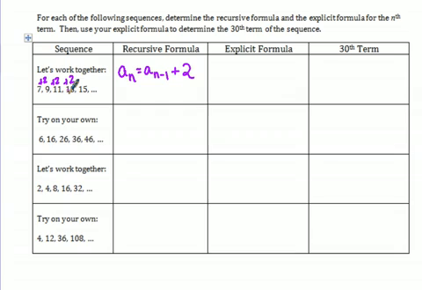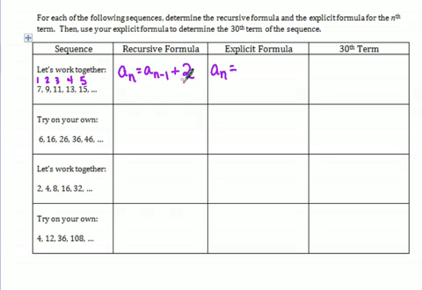Now the explicit formula is a little bit harder to figure out, but hopefully, as you've already seen, it's much more useful. The explicit formula, let me go back to my sequence over here. So this is my first term, this is my second term, my third, fourth, and fifth.